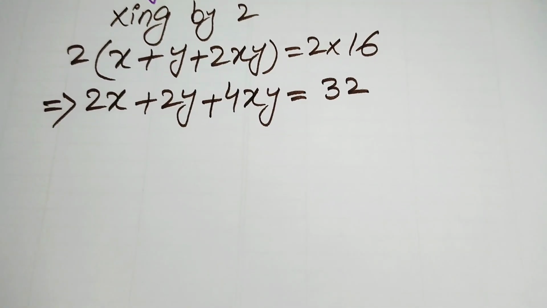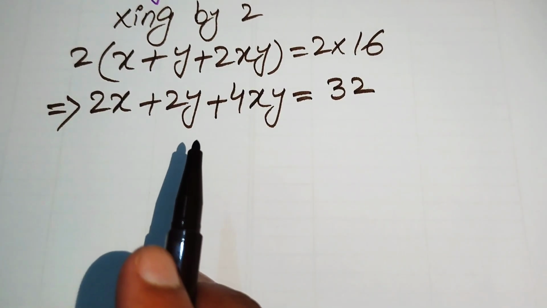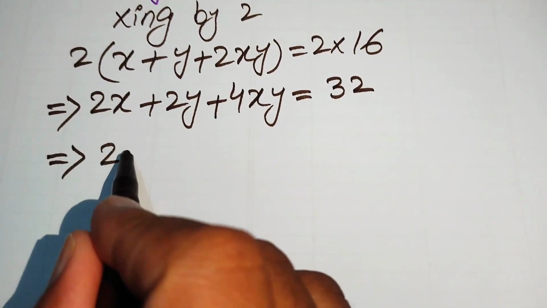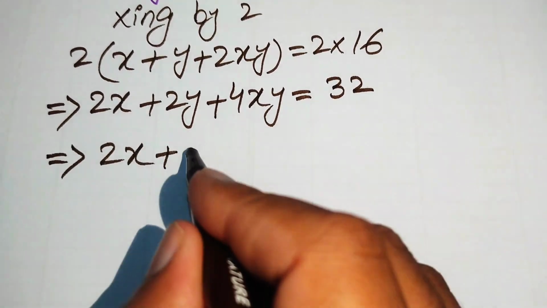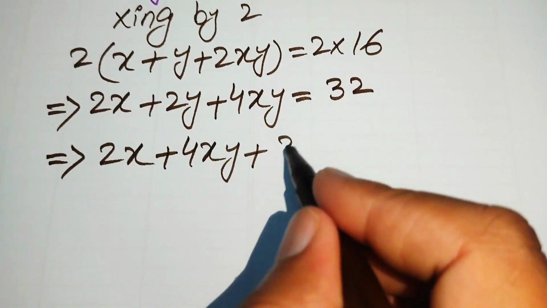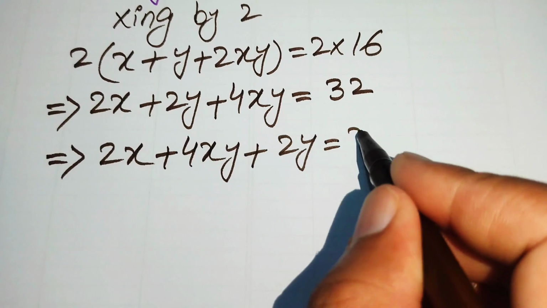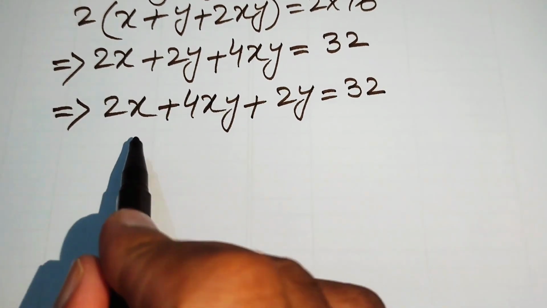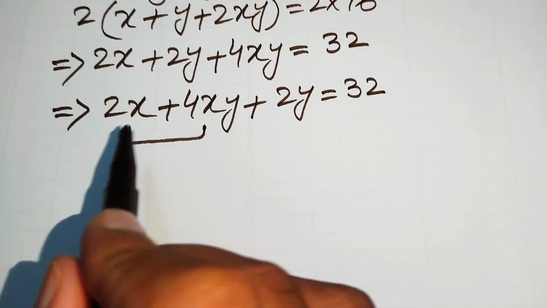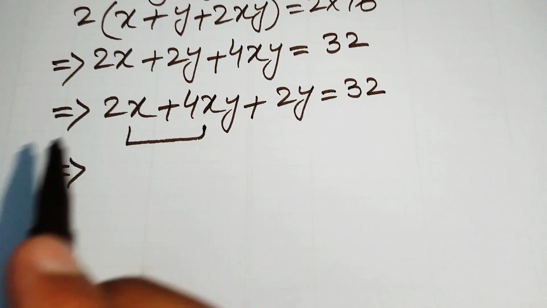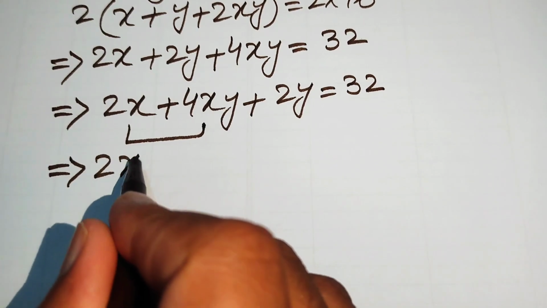Now we rearrange this equation as 2x plus 4xy plus 2y equals 32. Focusing on the first two terms, the common term is 2x.